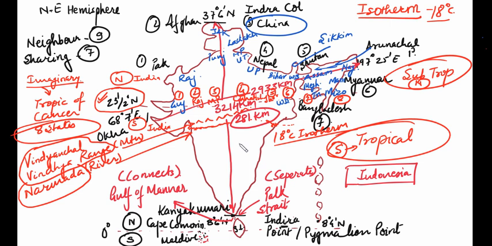So there are two imaginary lines, Tropic of Cancer and 18 degree isotherm, and two natural boundaries, Vindhyanchal and Narmada river, which divide India into North India and South India. So this 18 degree centigrade isotherm divides India into subtropical India and tropical India.